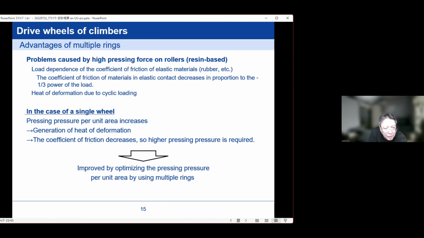In order for the climber to remain stable, this formula needs to be satisfied: the coefficient of friction times the wheel pressing force needs to be greater than the driving force. If the driving force is greater, slippage will occur.